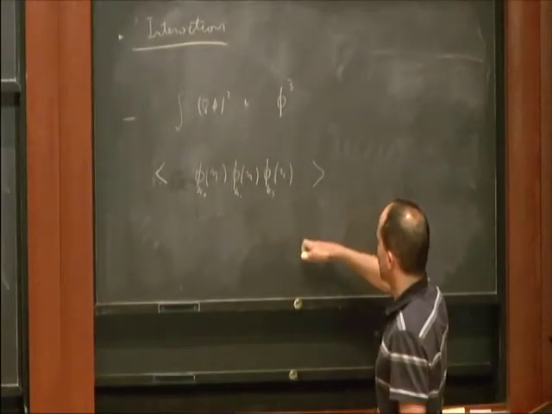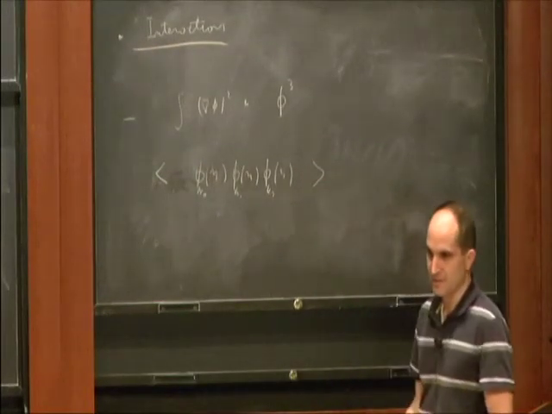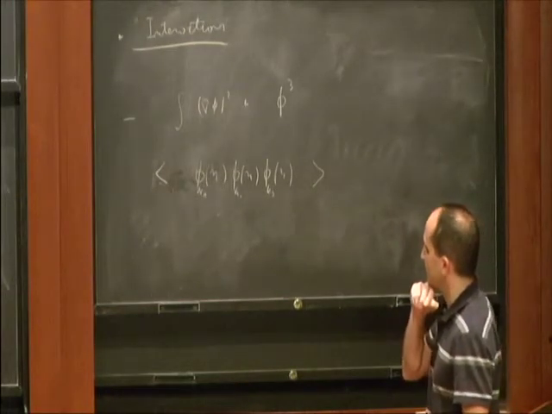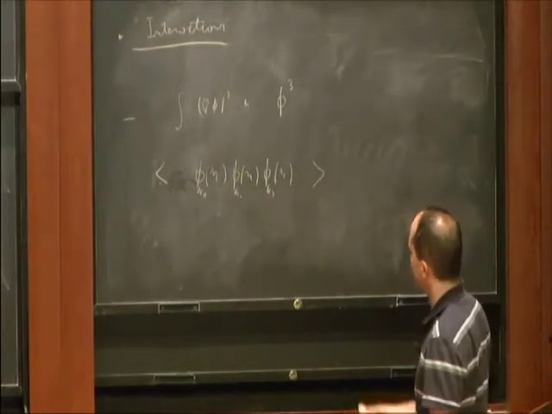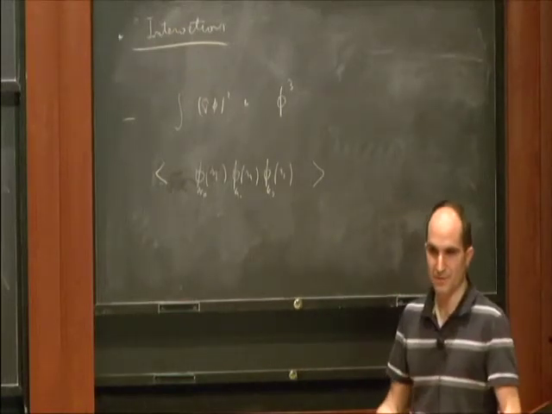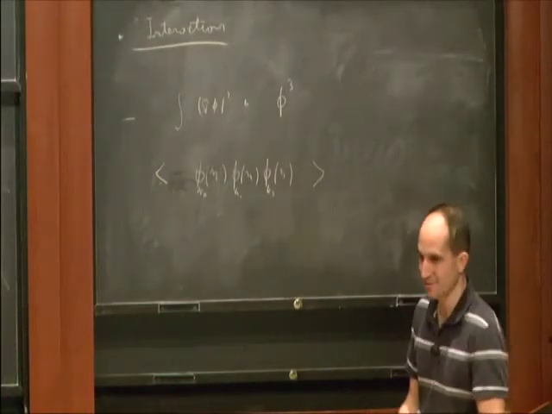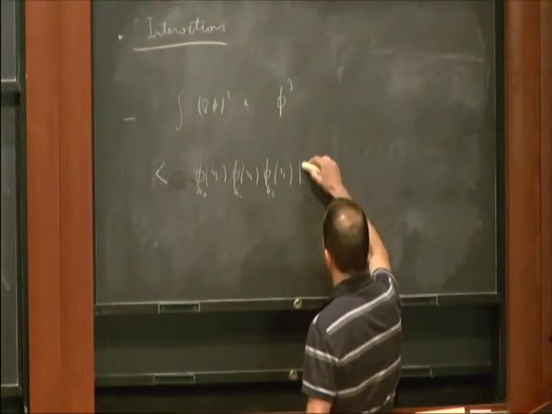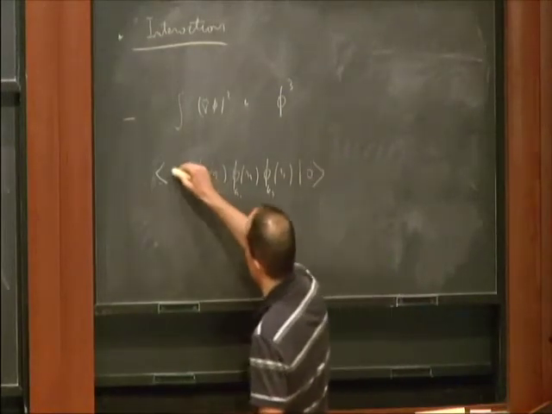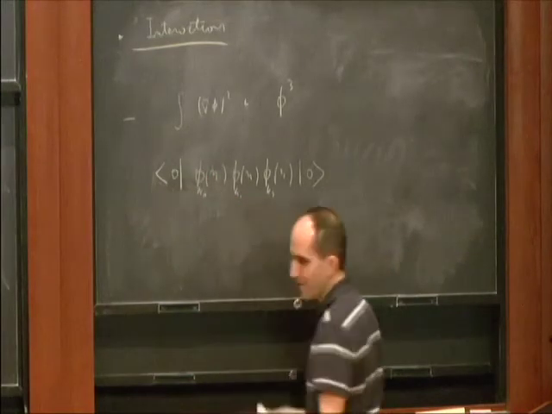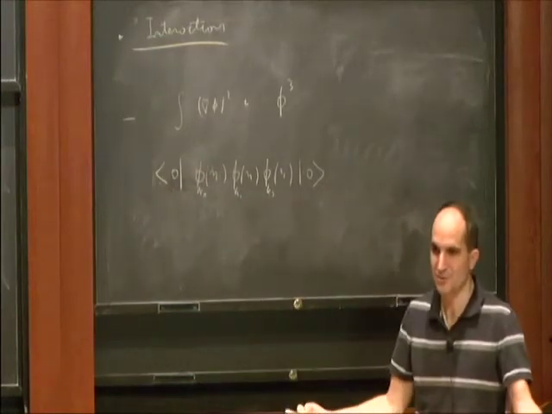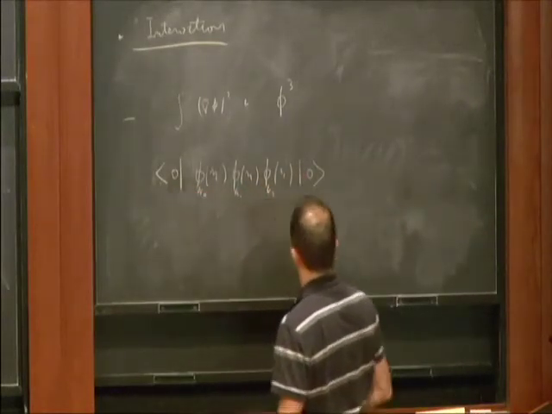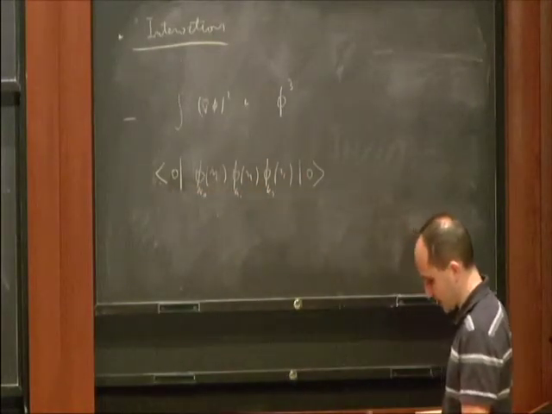We're trying to compute the expectation value of this 3-point function. An important thing here is that we are computing an expectation value, not a transition amplitude. Here we put some state, 0, which should be the vacuum of the interacting theory, which we should choose in some way. That's what we are trying to compute.